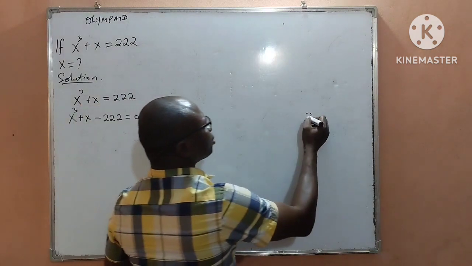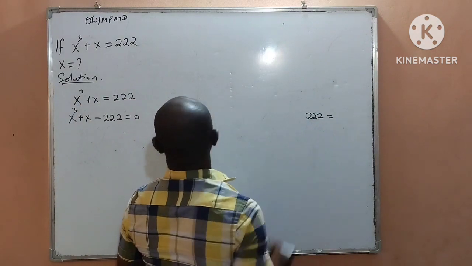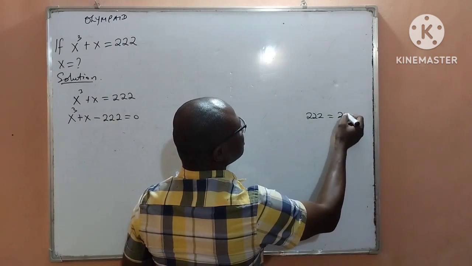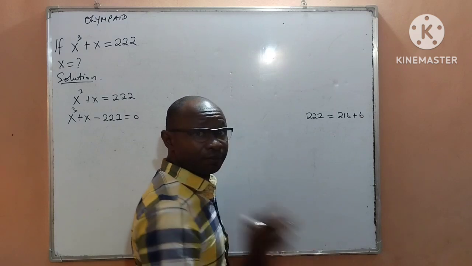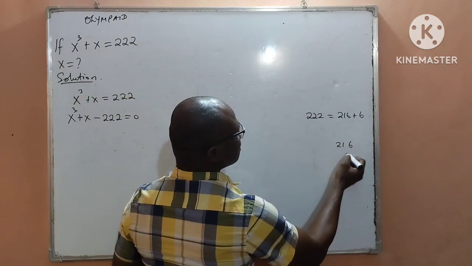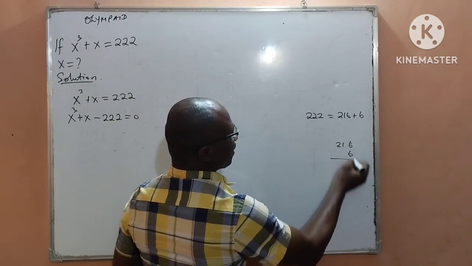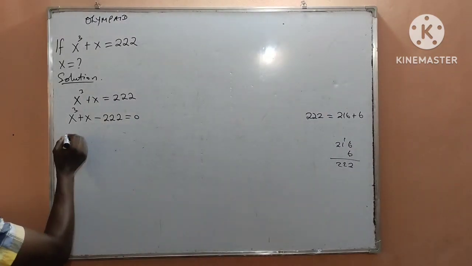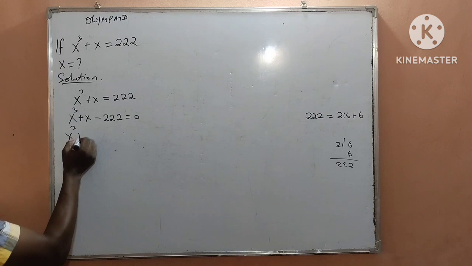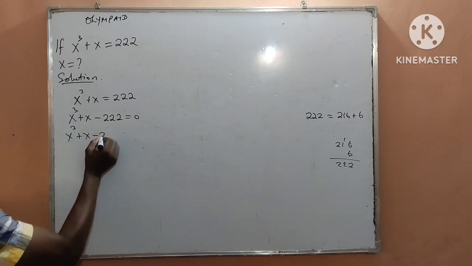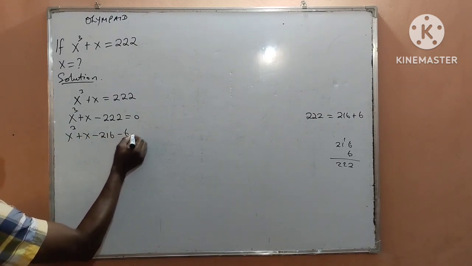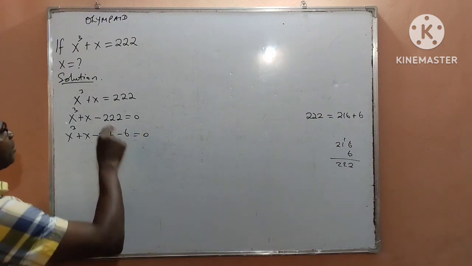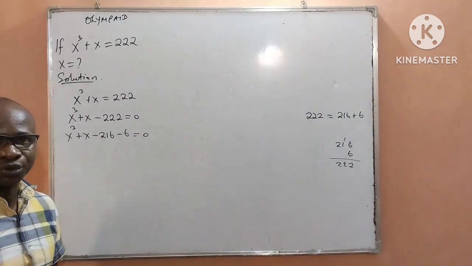But 222 is the same as 216 plus 6, because 216 plus 6 gives 222. So I can now write it as x power 3 plus x minus 216 minus 6 equal to 0, because when I add it up, it will give me exactly 222.